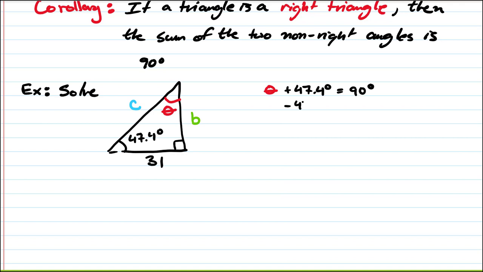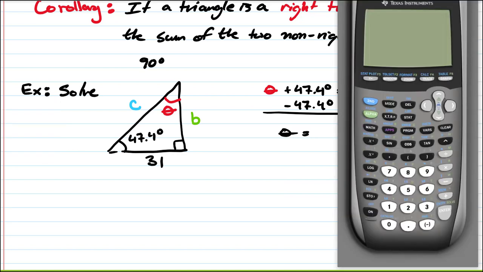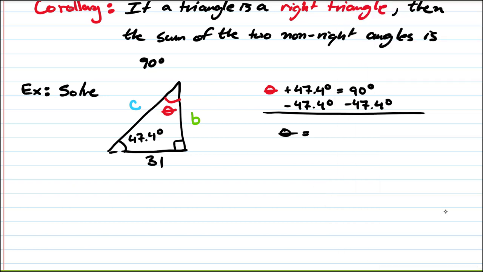So if we minus 47.4 degrees, we get 90 take away 47.4 degrees gives us 42.6 degrees. So then that gives us this. So now we just need to find B and C.